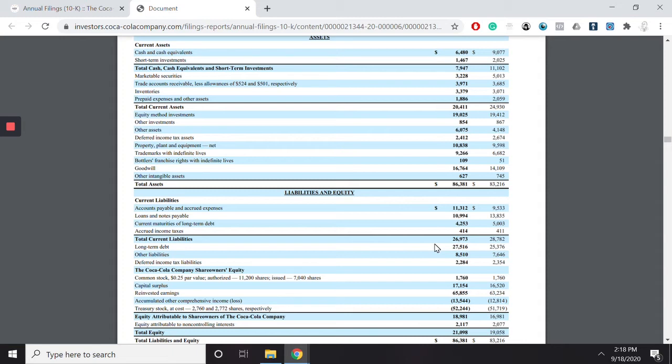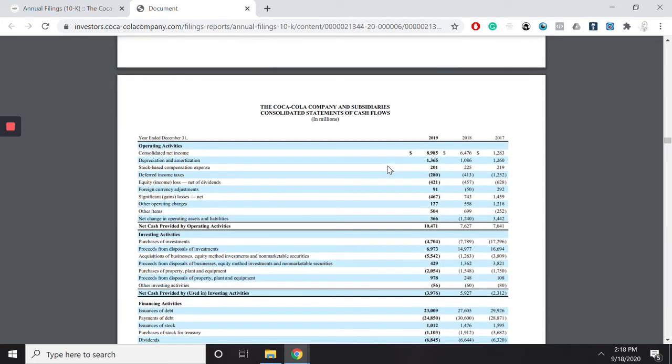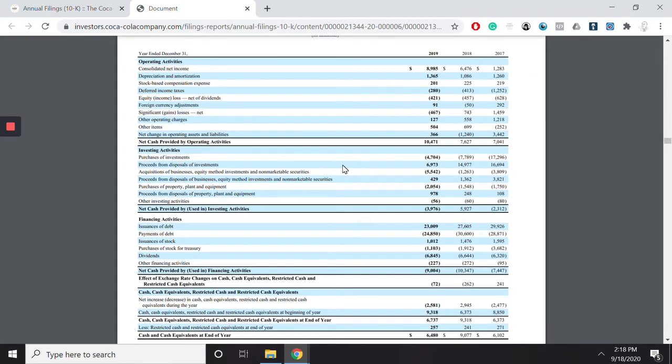So now let's move on to the cash flow statement. And once again, you can see here, year ending December 31st. We just look at this in terms of, okay, so how much money is the company actually collecting?